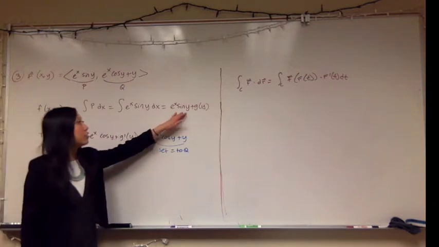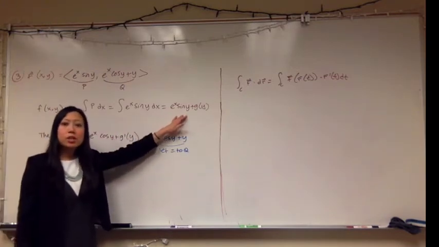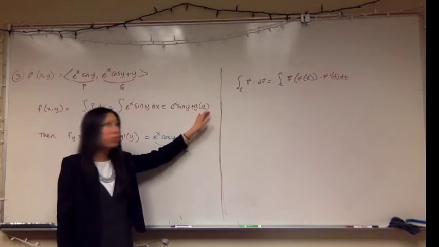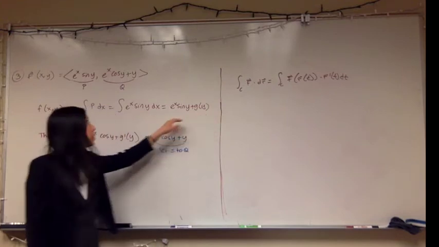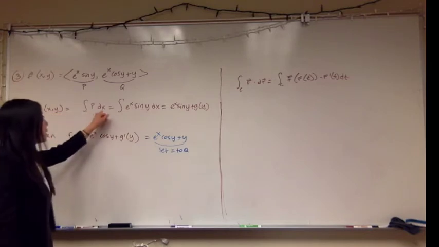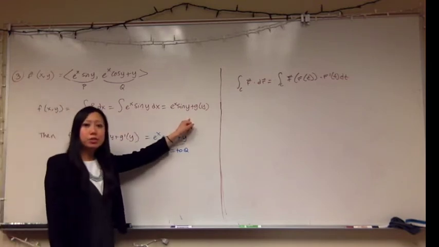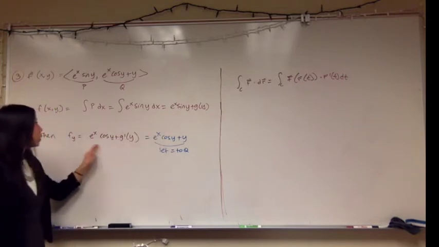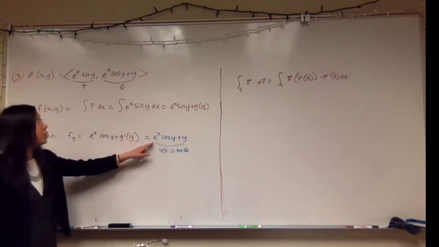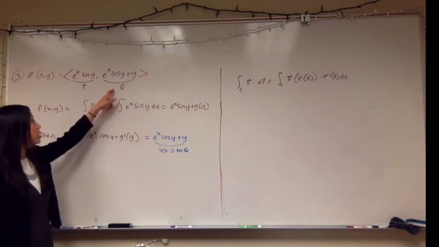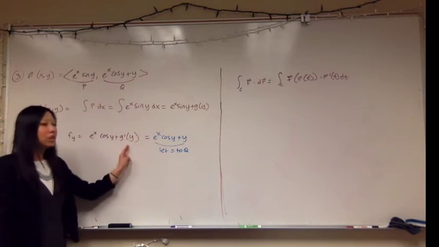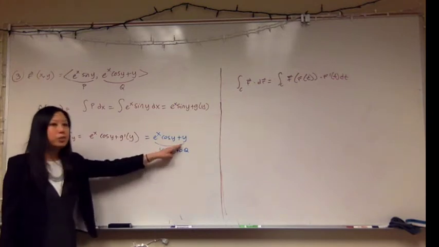Once we integrate with respect to x, remember, y is considered constant here, so my constant of integration is in terms of y. Then I take the derivative. I already used P with respect to x, so now I have to take the derivative with respect to y. So I take the derivative of this function with respect to y, and then I set it equal to f sub y, which is the same thing as setting it equal to Q.